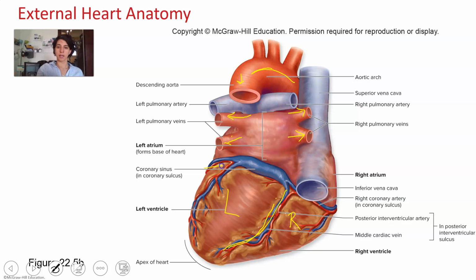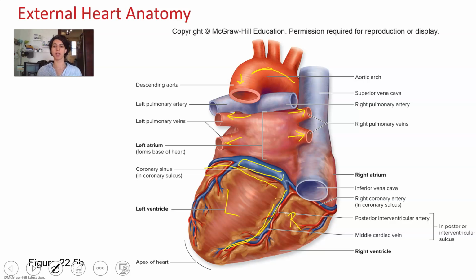Here, we said that we have our coronary sulcus that circumvents the heart. Here it is on the posterior side, right? And you have these blood vessels wrapping around the heart, and you have this nice big blood vessel called the coronary sinus. And if you remember blood flow, we talked about sinuses in the brain. Their function is to drain blood from a particular organ.